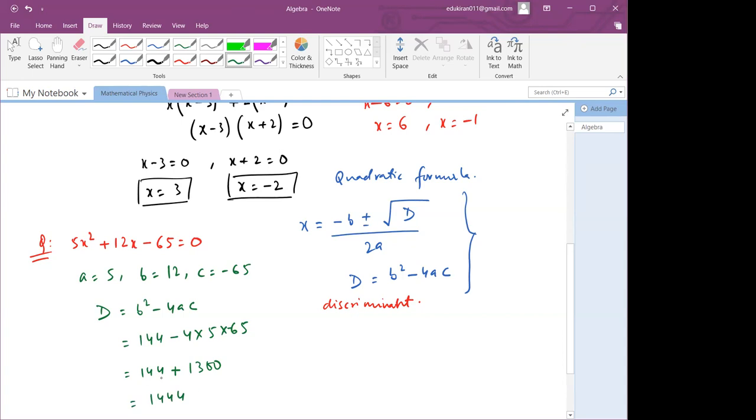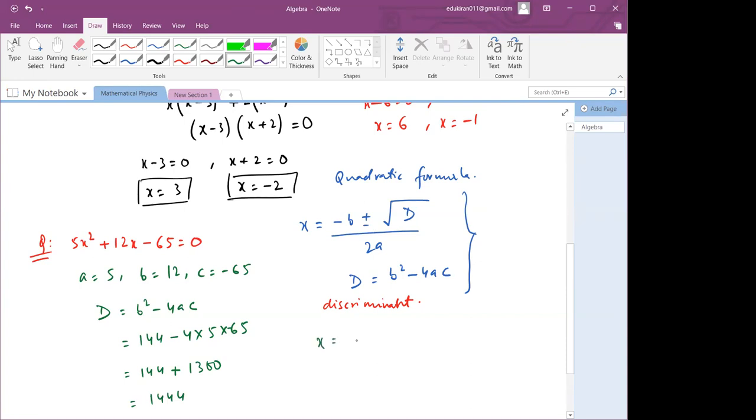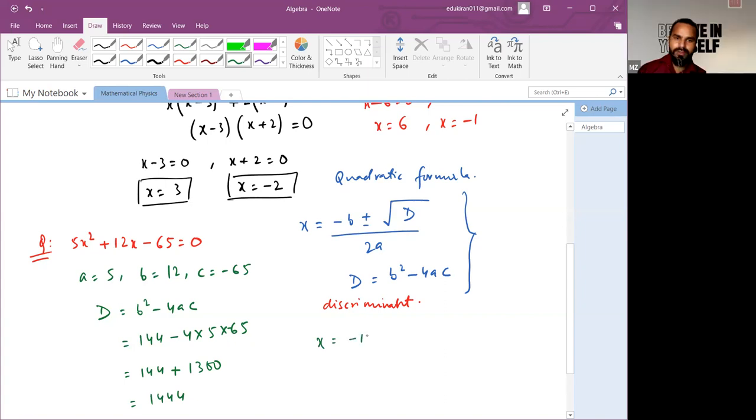Have you all got this result? Yes, sir. Now we have to put it in this particular equation. Let's say x is equals to minus b, which is equals to minus 12 plus minus root under 1444 divided by 2 times a.